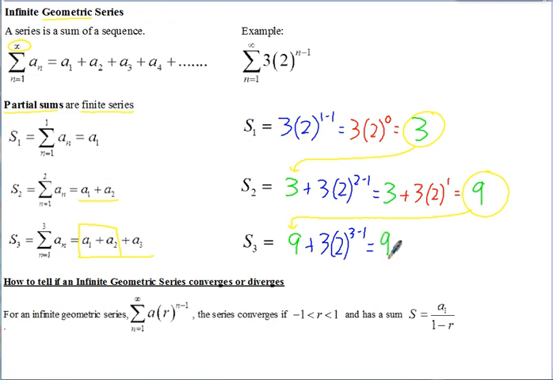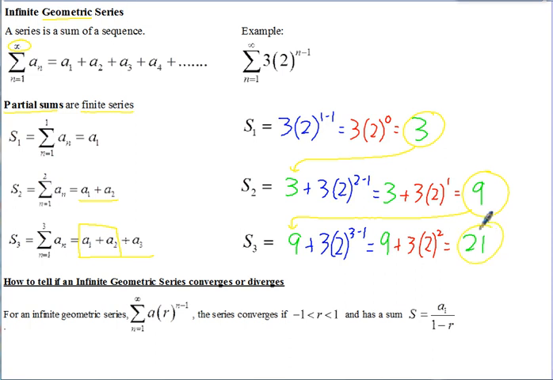So it'd be 9 plus 3 times 2 squared. 2 squared is 4, times 3 is 12, plus 9 gives you 21. So that would be the third partial sum, the sum of the first three terms.